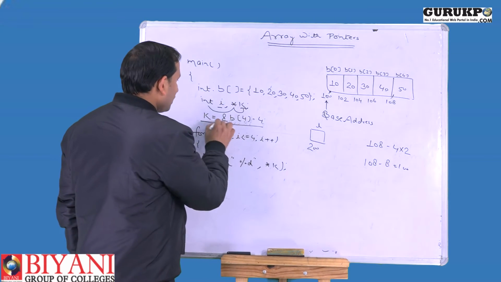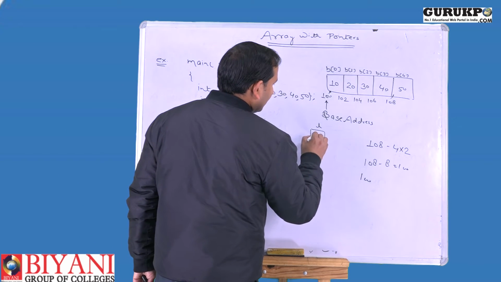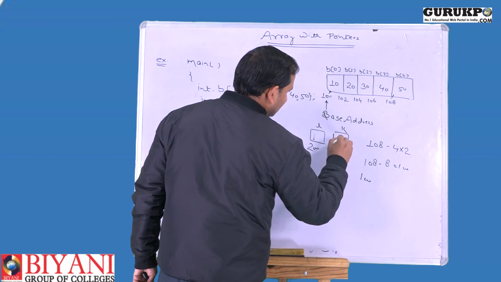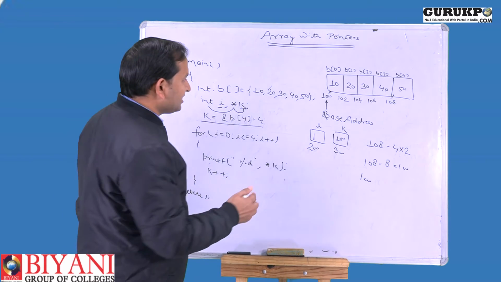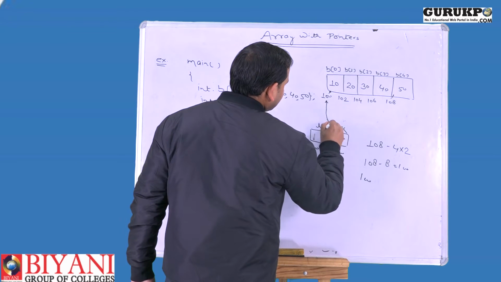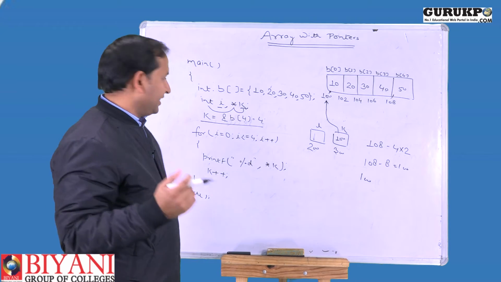So k holds the address 100. In other words, we can say the value of k is 100. So k directly points to the first element of the array.